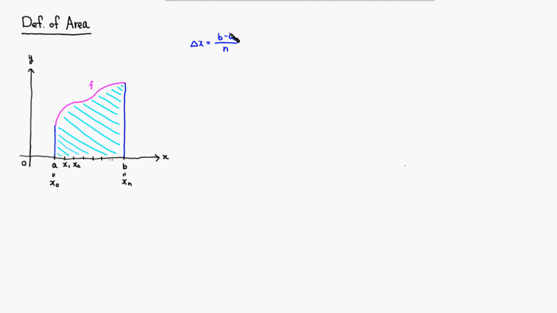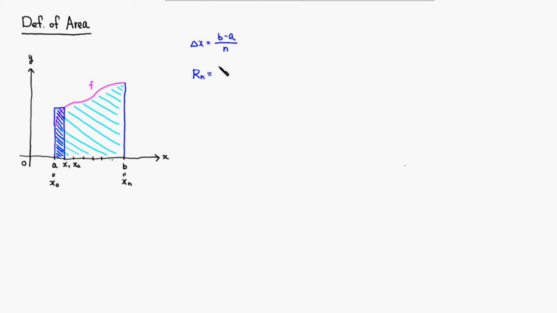If you want to find the right sum, I'm going to call it R sub n because there are n approximating rectangles. Because this is a right sum, I'm going to use the right endpoint and then determine the rectangle. You can see that the height of the first rectangle is determined by f of x1.